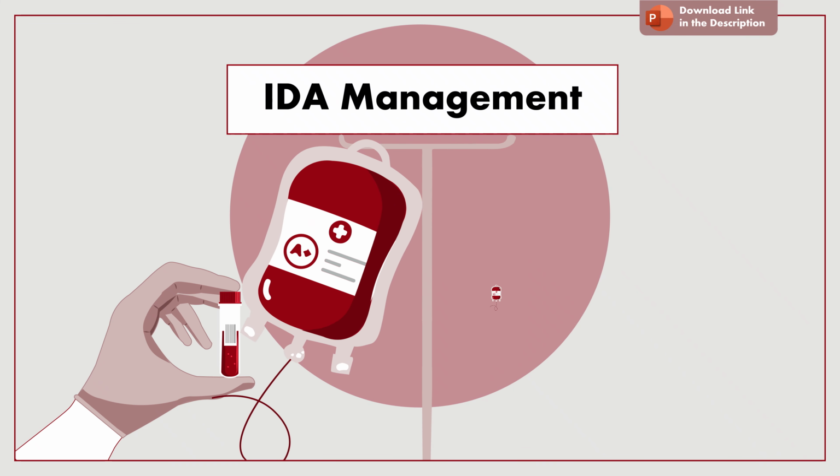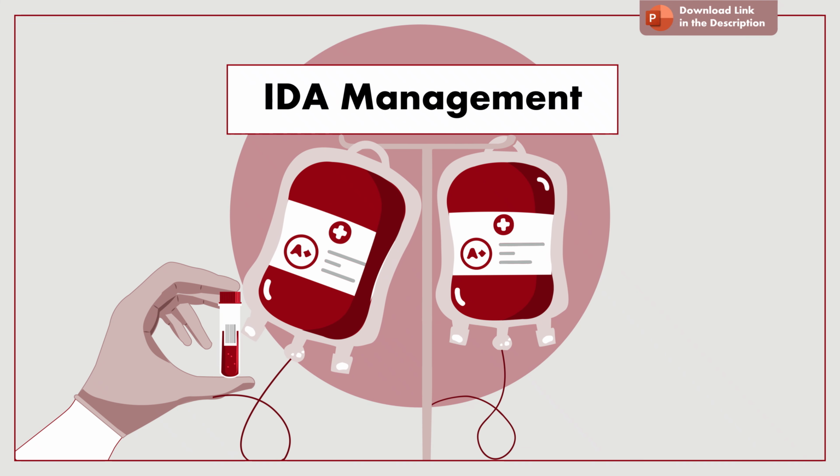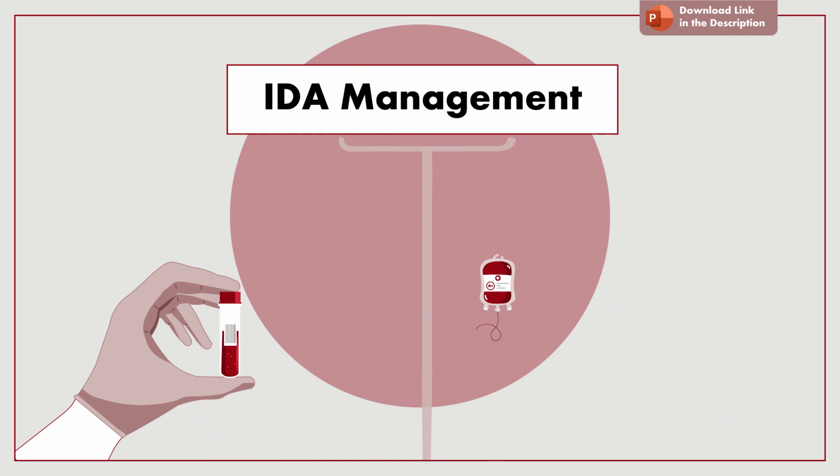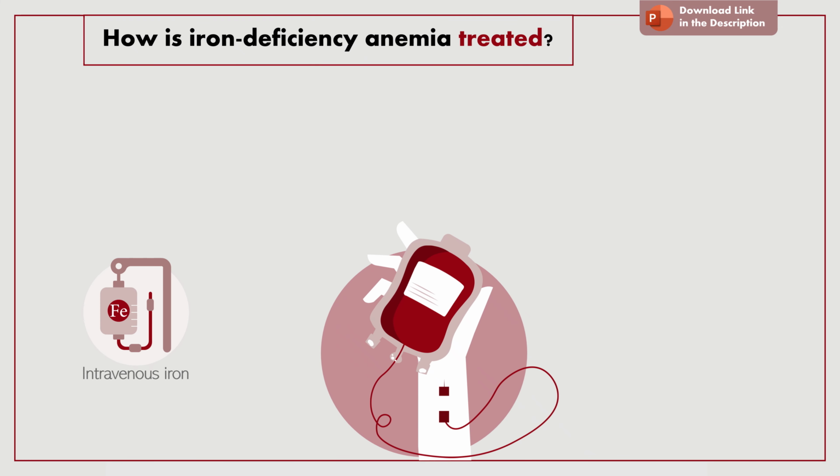Management employs targeted interventions based on severity and underlying cause. Intravenous iron rapidly replenishes stores, often requiring just 1 to 2 infusions for moderate cases, particularly when oral absorption is impaired.